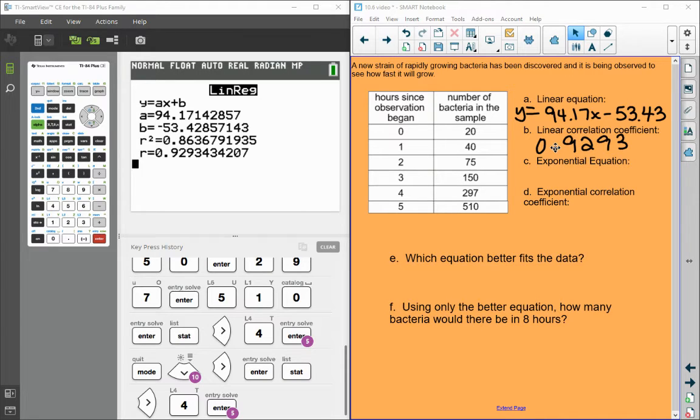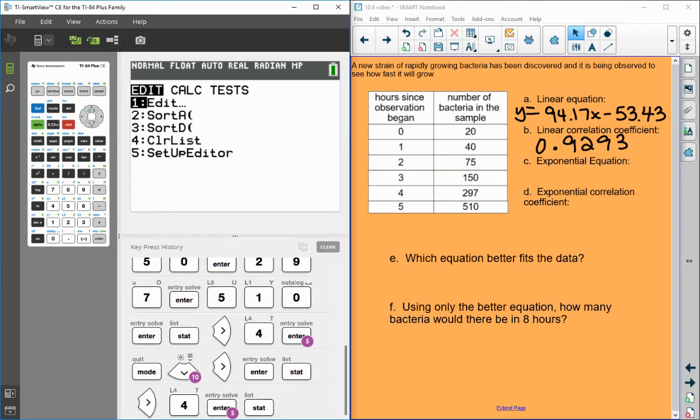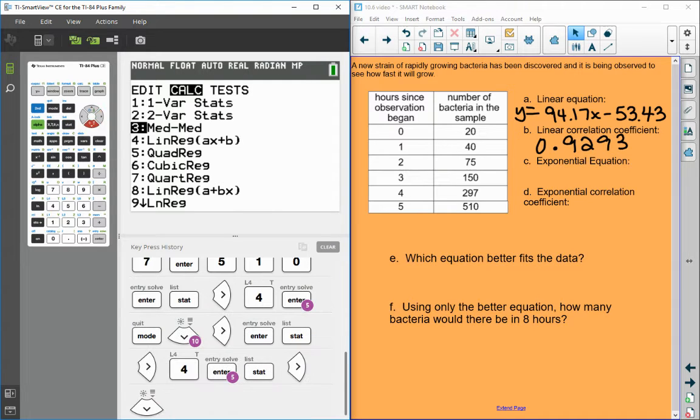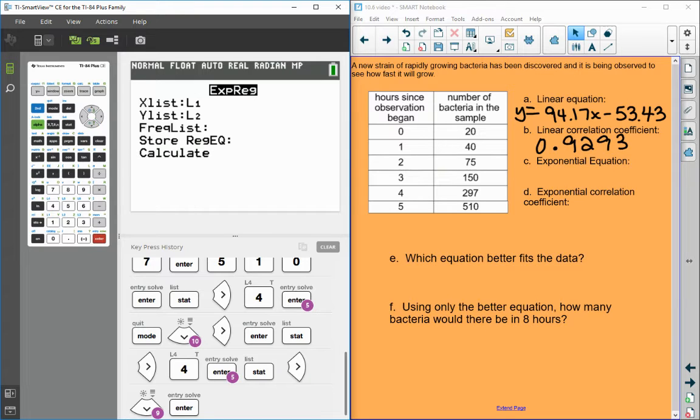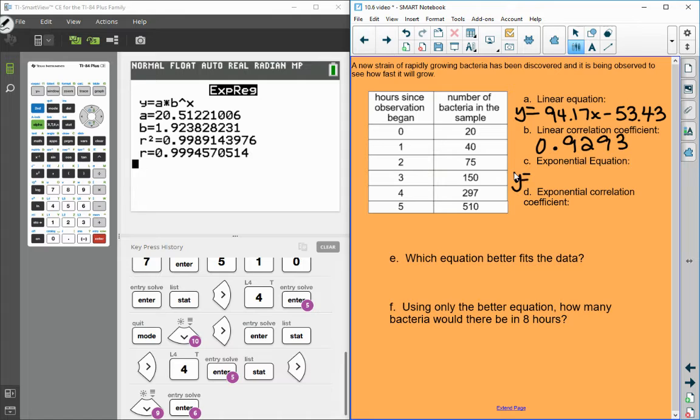Okay, next up, we don't have to type the data in, it's already there. But this time I need my exponential one. If you remember, the exponential should be down right here at 0. Go ahead, you've already got the data, press that, and we're going to write down our equation. So the equation is y equals, this one says a goes first, 20.51, times b, 1.92, to the power of x.